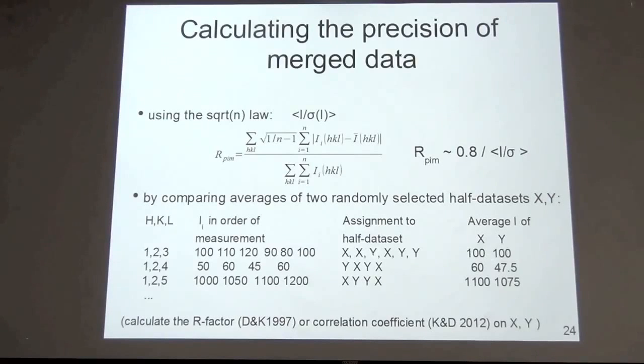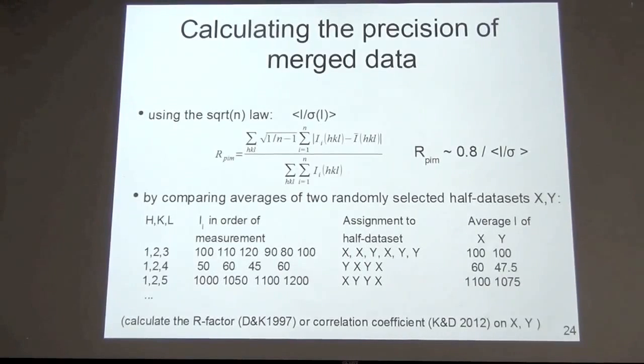Now the Y's are the third, fifth, sixth. So 120 plus 80 plus 100 is also 300, the average is 100. So this is how I come up with an average intensity of 100, both for X and Y. So I have partially merged, or averaged, my data set, but I now have 2 half data sets and the individual observations were randomly selected.